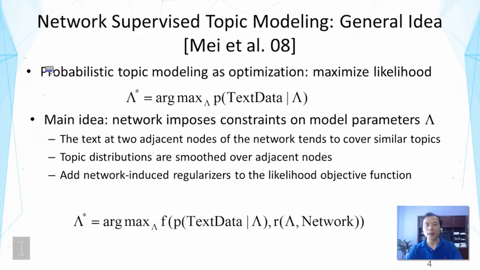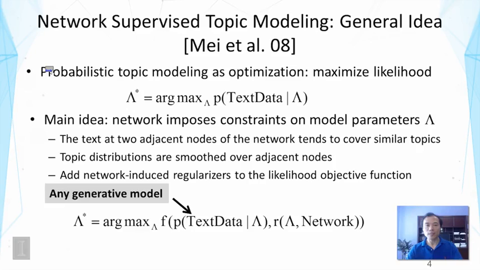And the regularizer is defined on the parameters lambda and the network. It tells us basically what kind of parameters are preferred from a network constraint perspective. So you can easily see this in effect implements the idea of imposing some prior on the model parameters. Only that we're not necessarily having a probabilistic model, but the idea is the same. We're going to combine the two in one single objective function.